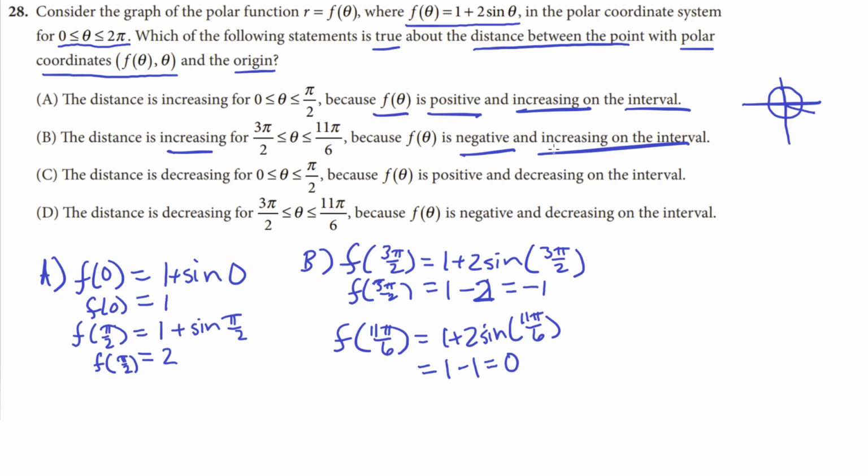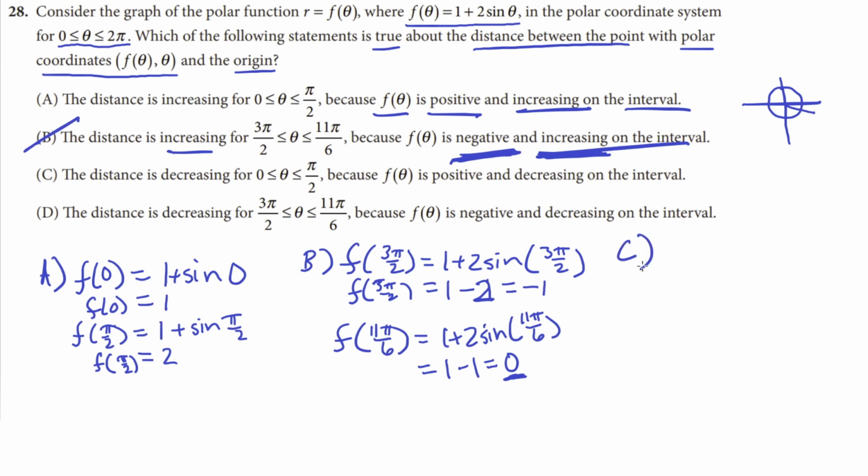So we are increasing on this interval, but f of theta is not always negative, because at 11 pi by 6, f of theta is 0, which is neither negative nor positive. So we can rule out answer choice B.